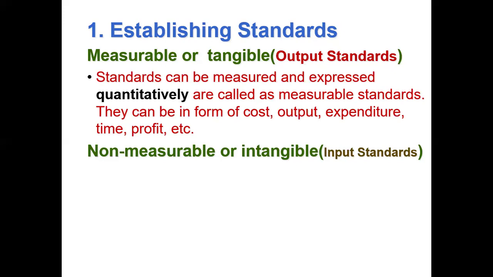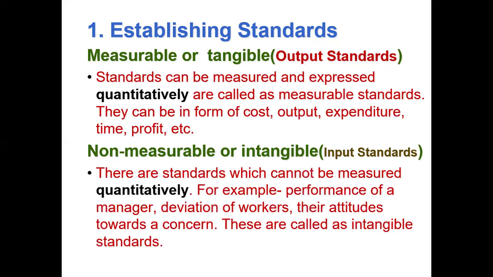A non-measurable standard has no unit. We cannot directly measure it, but it is low, medium, or high. For example, what is the IQ of the workers? We cannot tell that in kilogram or gram.